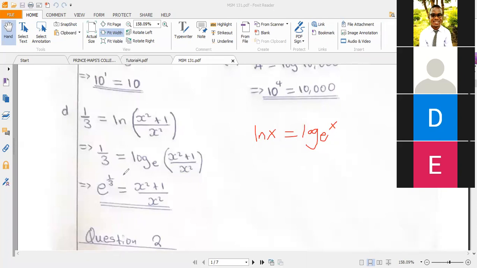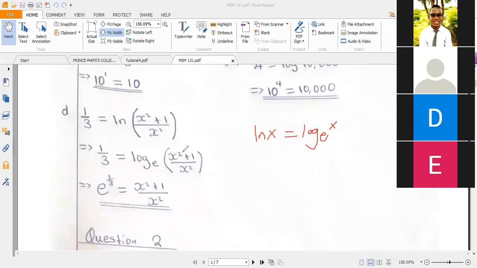In this case, we have ln of x squared plus 1 over x squared. We consider this as maybe our x or our y. The natural log will just be log base e of whatever is in here. Then we can use the definition we started with of changing from logarithmic to exponential.